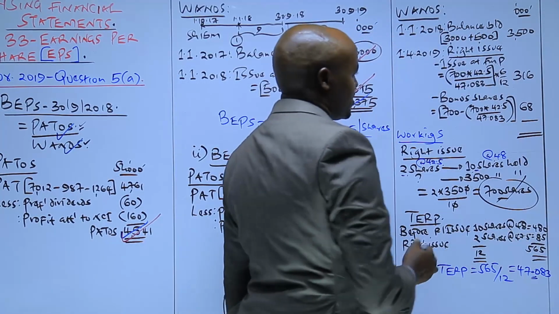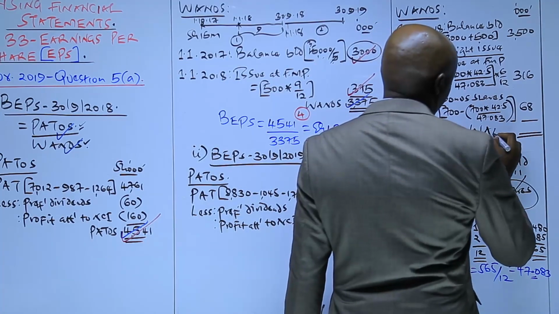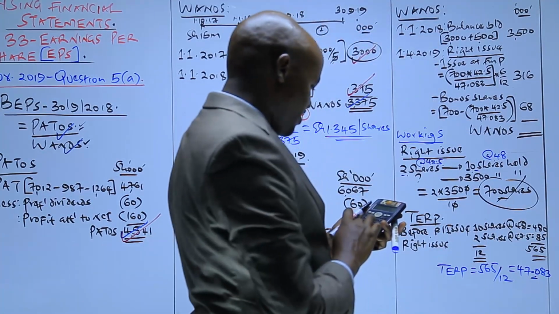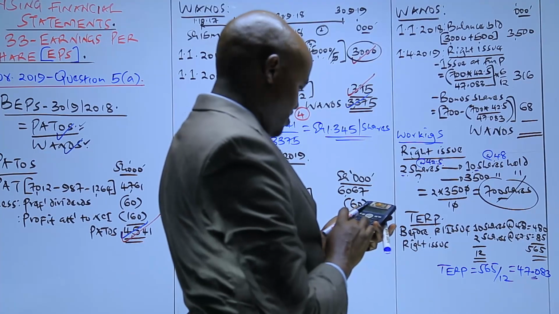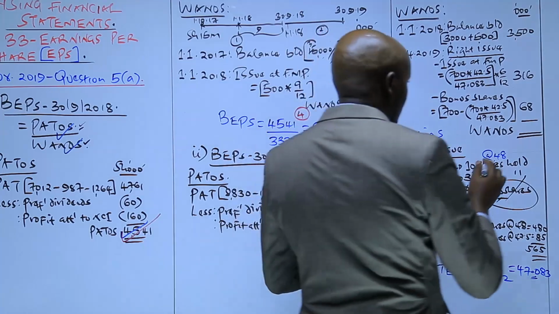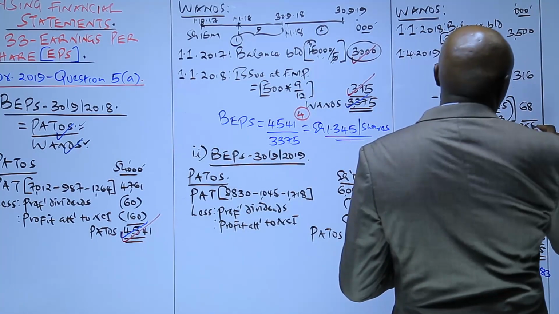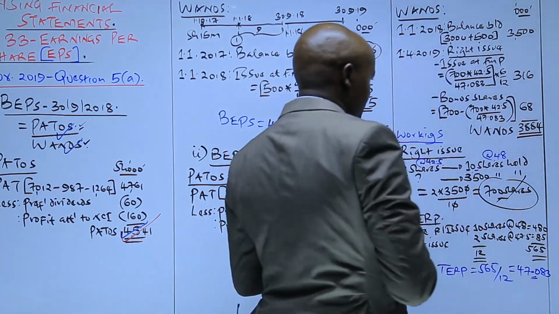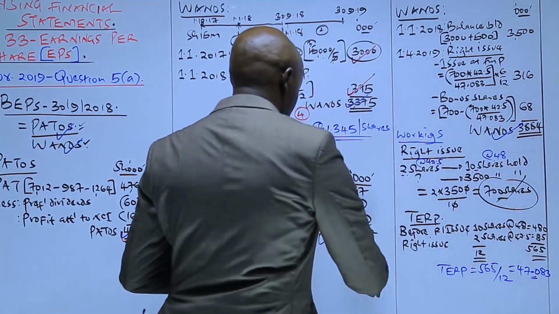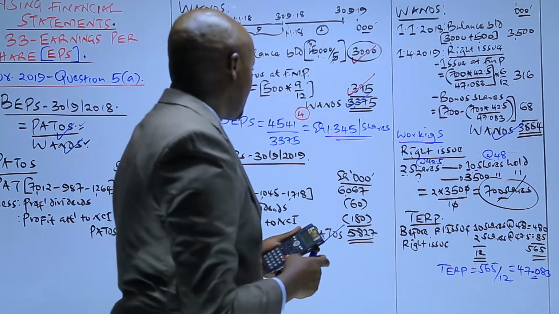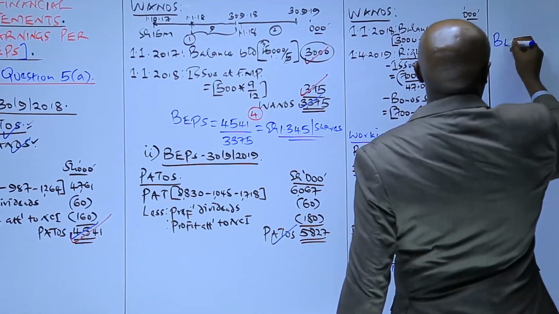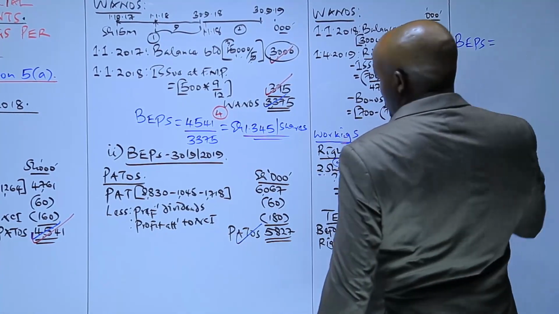And I think now with that, we are able to get the weighted average number of ordinary shares, by adding all what we have there, 3,500 plus 316 plus 68, which will give us 3,884. Basically, what that means now is we have the denominator, and we have the numerator, the profit attributable to ordinary shareholders.